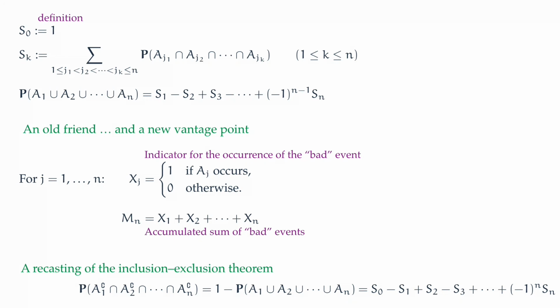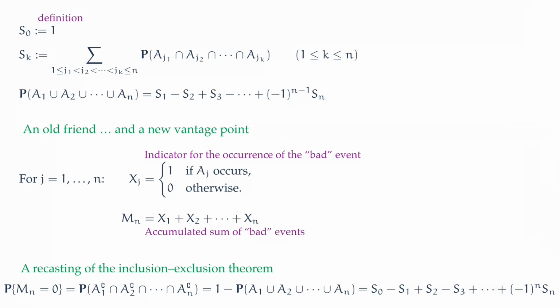But the probability of no bad event occurring, this could be identified with the probability in terms of our accumulated sum of indicators. This is the probability that the accumulated sum of indicators is 0. No bad event occurs. In other words, what we've computed is the probability of an atom for m sub n.